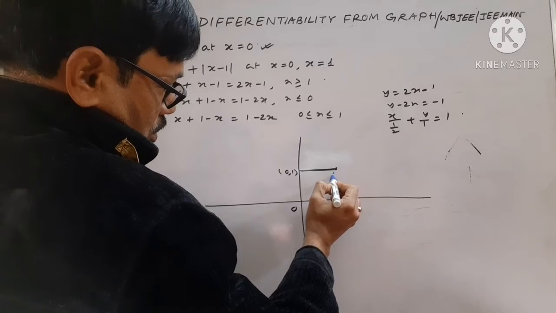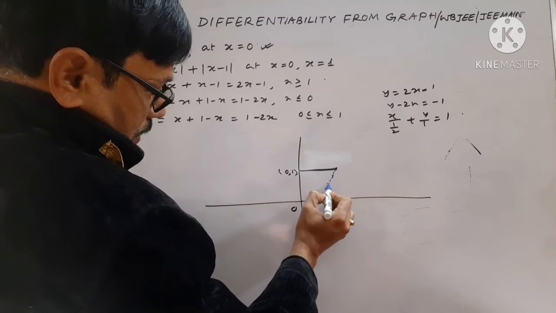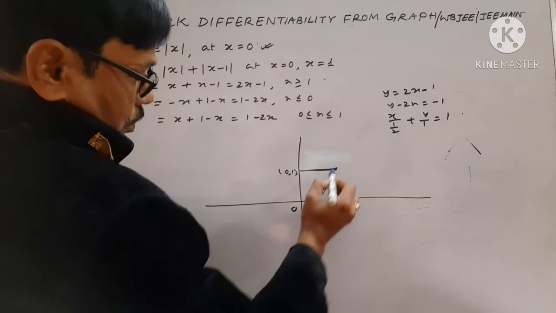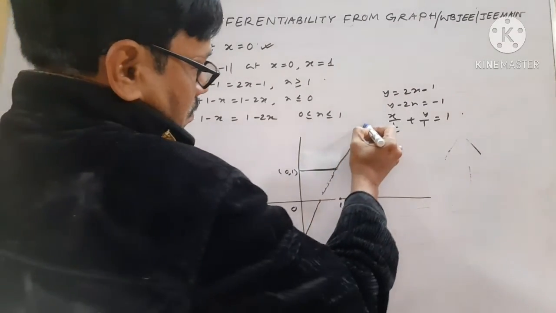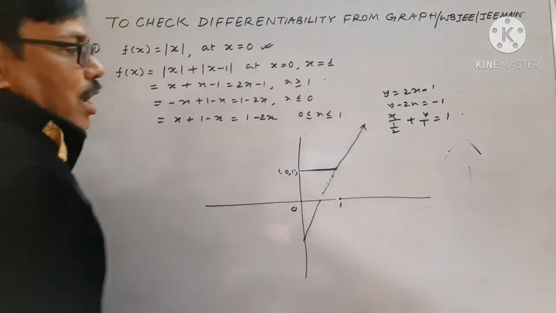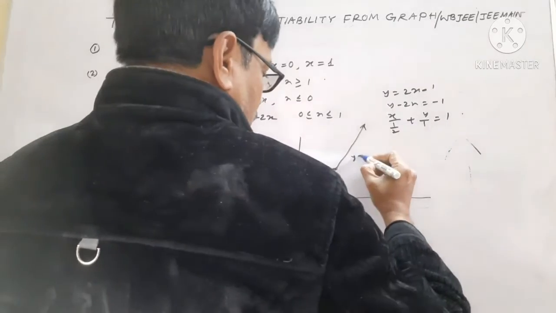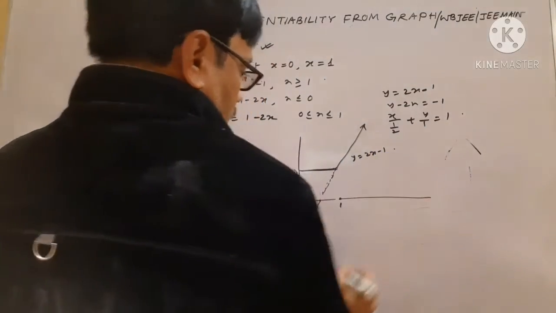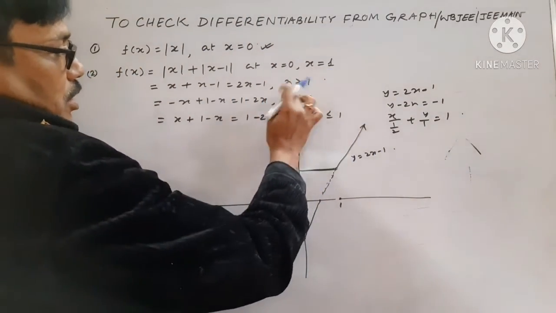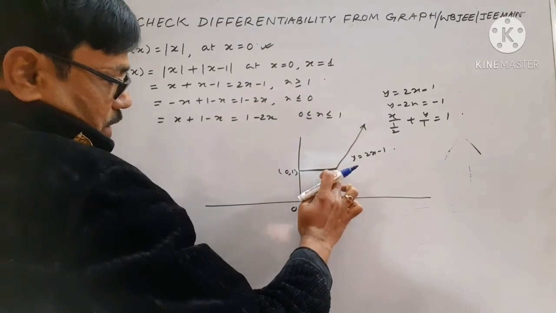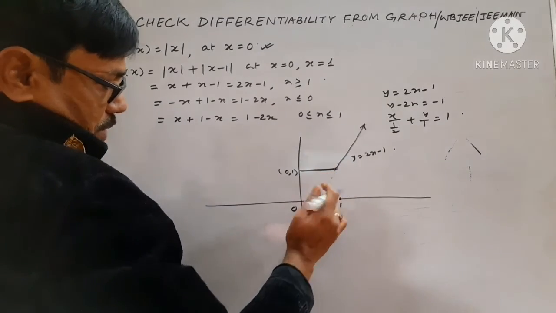So if you draw a graph, we get a figure like this. This is y equals 2x minus 1, and it is valid for x greater than 1, so this part is not present.